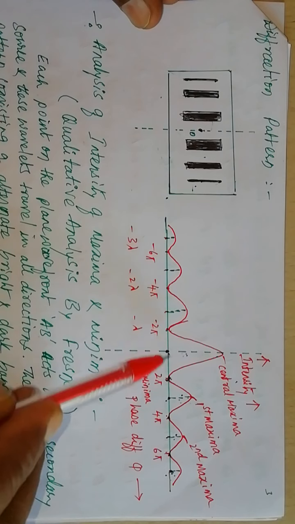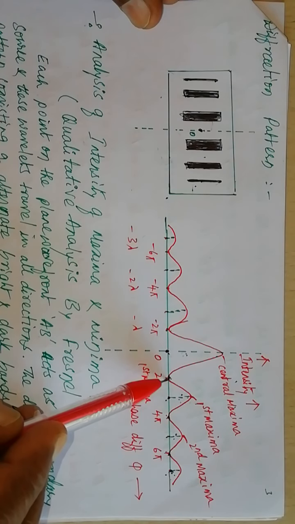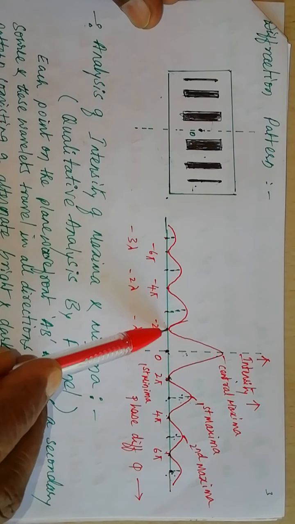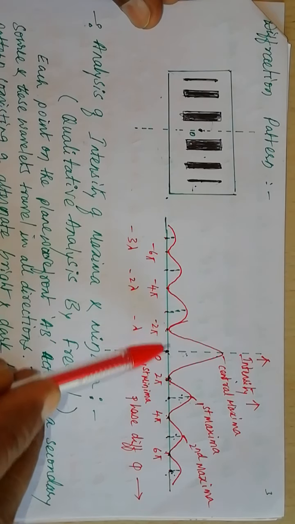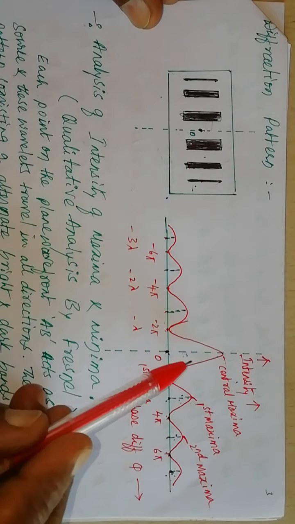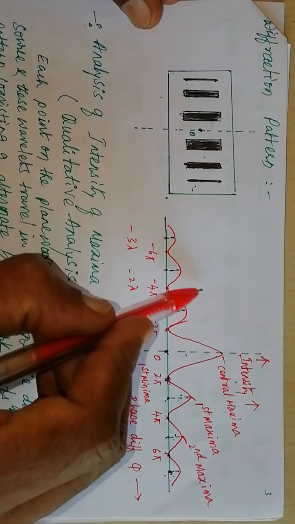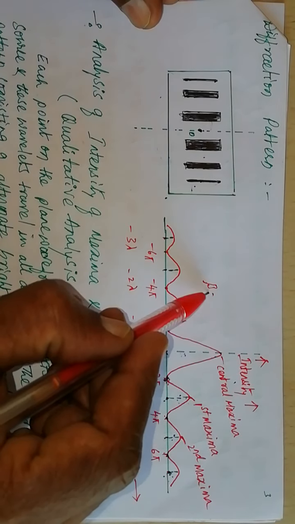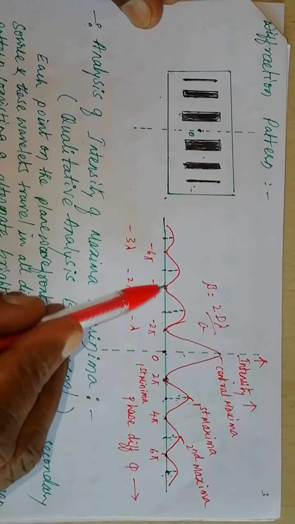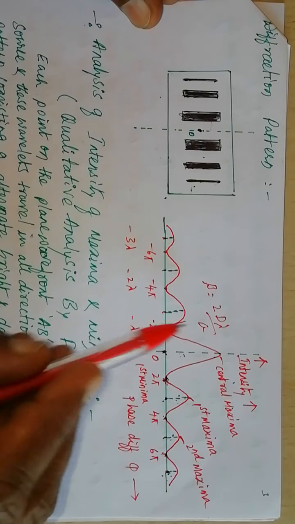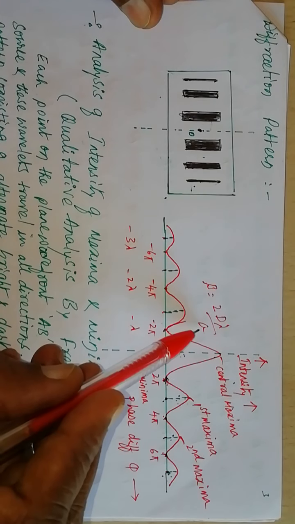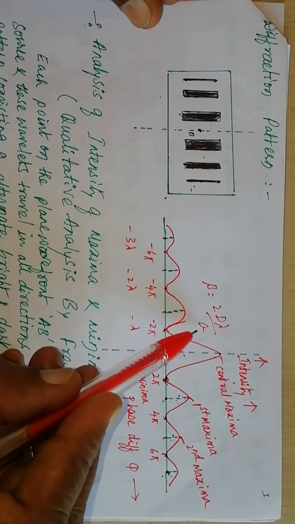The first minimum on one side and the first minimum on the other side, this linear distance between the first minima on either side is called the linear width of a central maximum. This linear width of central maximum, beta, is 2 d lambda by a, where d is the screen distance, lambda is the wavelength of light, and a is the width of the slit.